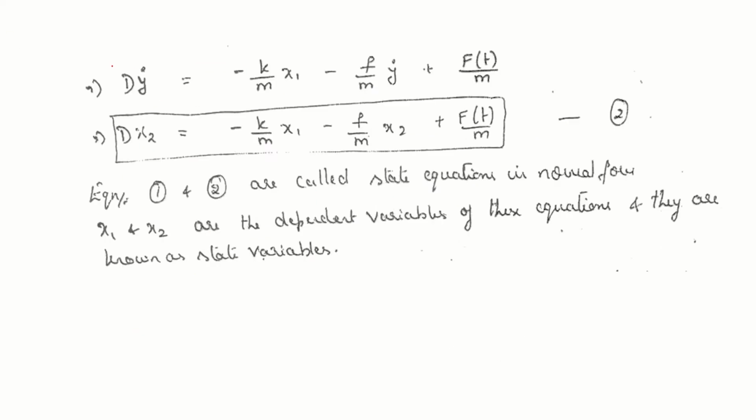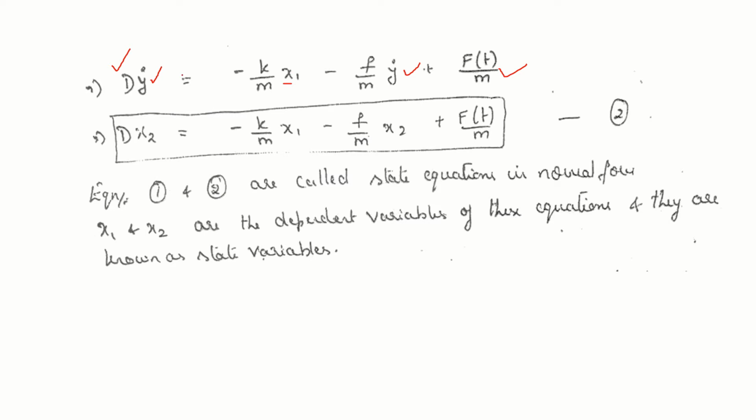D by dt, let me call it as capital D. Dy by dt, I'll call it as y dot. Minus k by m, y is nothing but x1. Minus f by m dy by dt is y dot plus f of t by m.